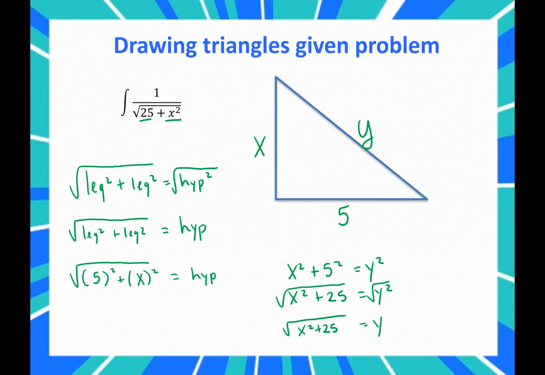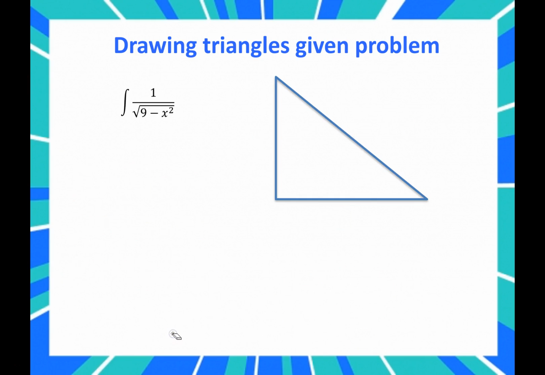Of course, I can rearrange that as the square root of 25 plus x squared equals y, and I do have a perfect match. I've essentially drawn a triangle with two sides such that one of my sides is a perfect match with this. Let's do one more.